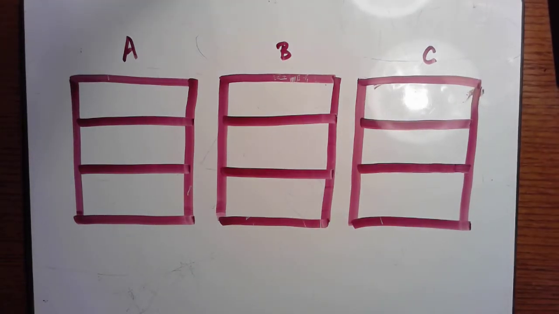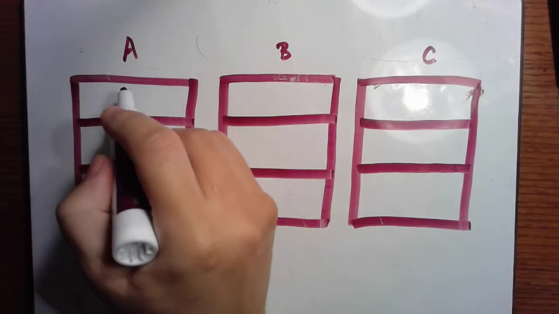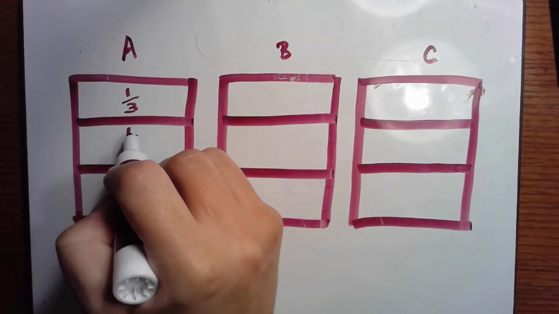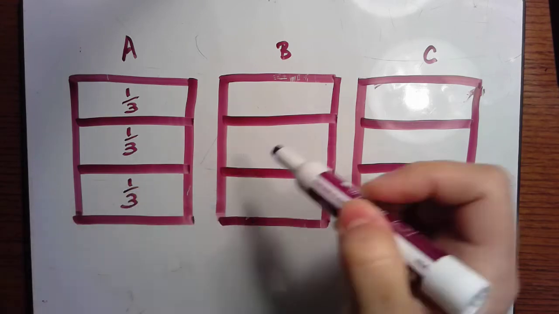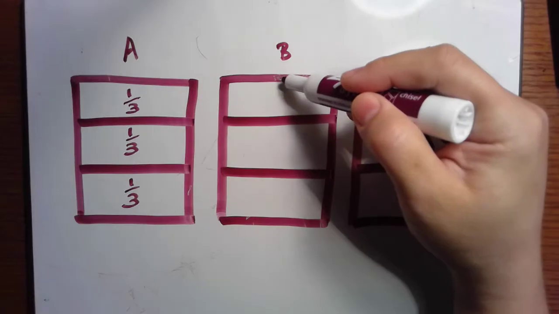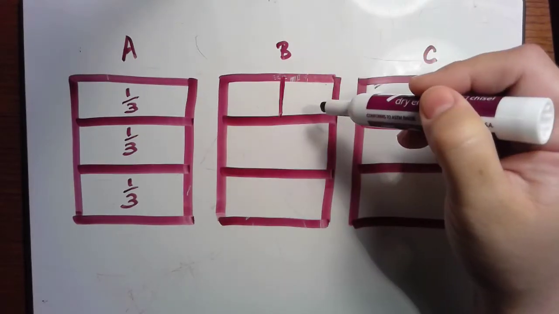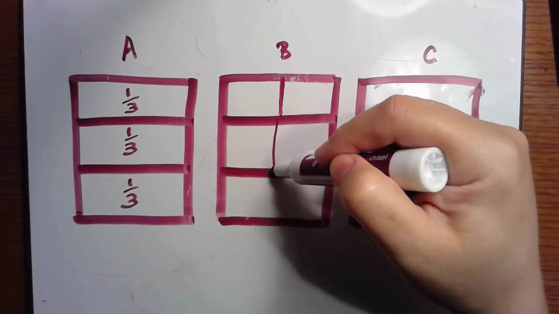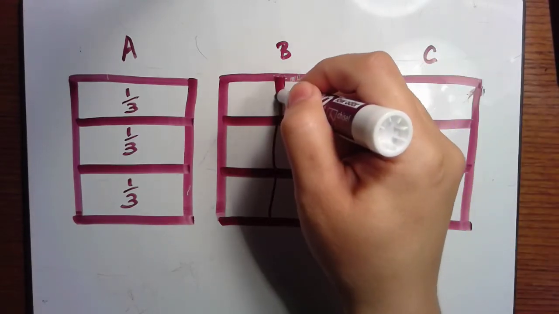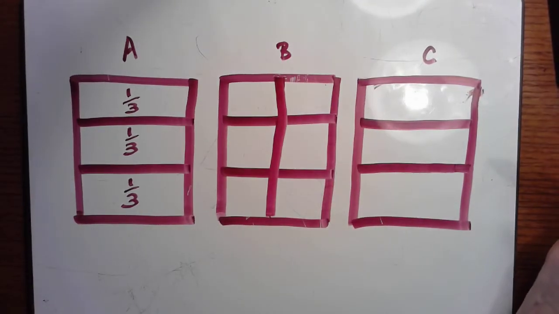Now back to my question. How can we double the number of units in the second rectangle, in rectangle B? So if we have thirds in A, how can we double the number of units for B? Well, we could split each part so that it has 2 times as many. I'll just make one line down there. Now I've split the units. I've doubled the units.